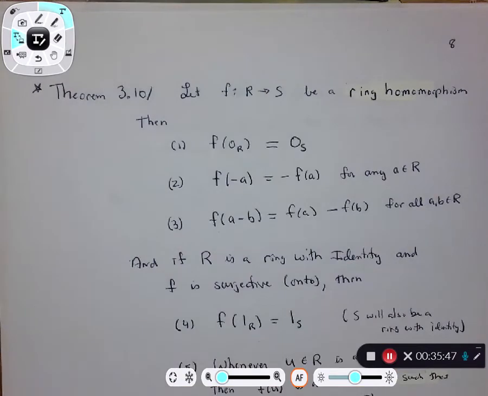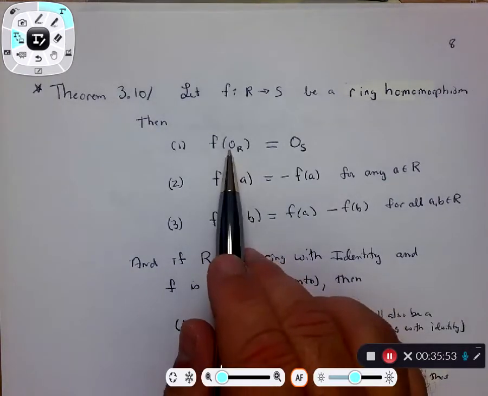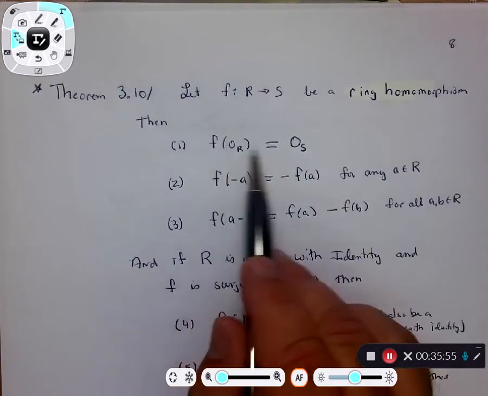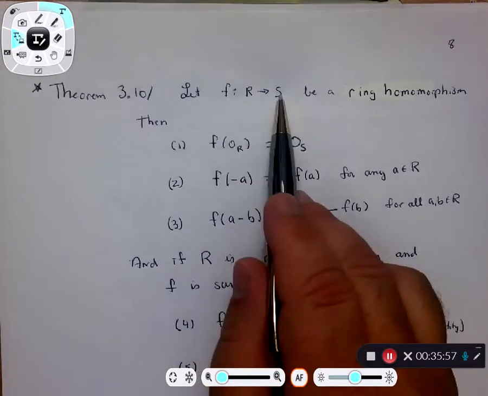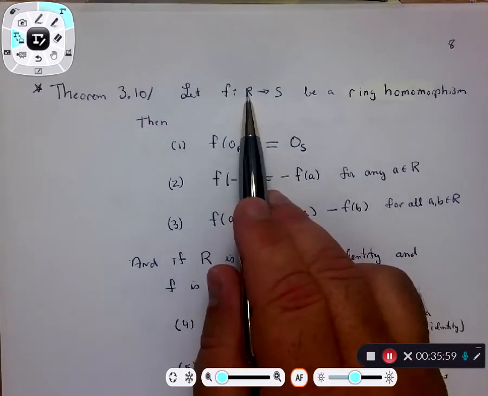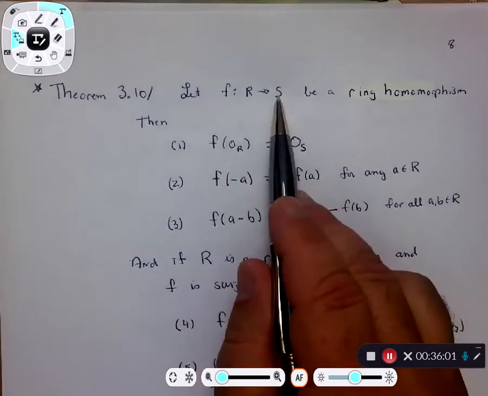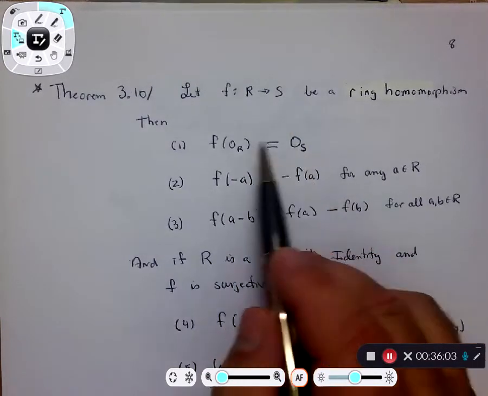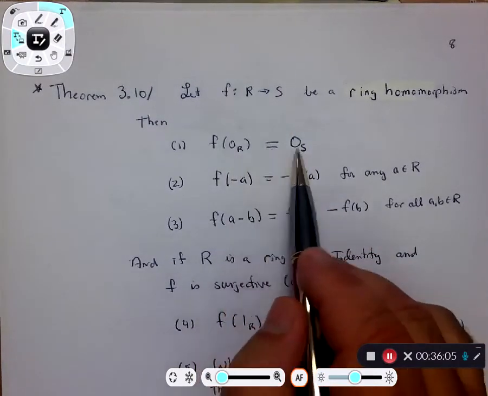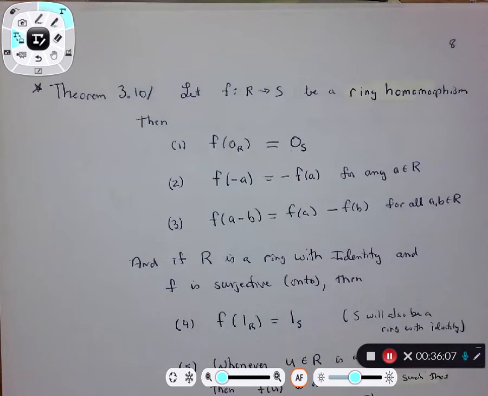But then here come your properties. Under homomorphisms, zeros map to zeros. f of 0_R is equal to 0_S. Remember, R and S are rings. The zero element in R is called 0_R, the zero element in S is called 0_S. So f of 0_R is equal to 0_S. Number 2, additive inverses map to each other.